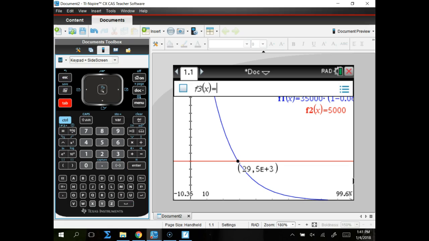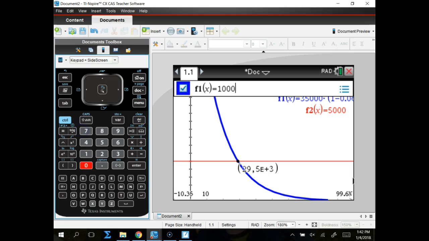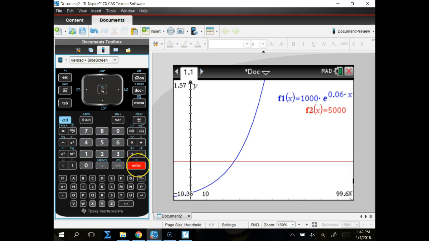So, walk me through it. What you're going to want to do is plug in your equation. What's my equation? 1,000, the E, and then 0.06 T. How about x? Because my function is of x.